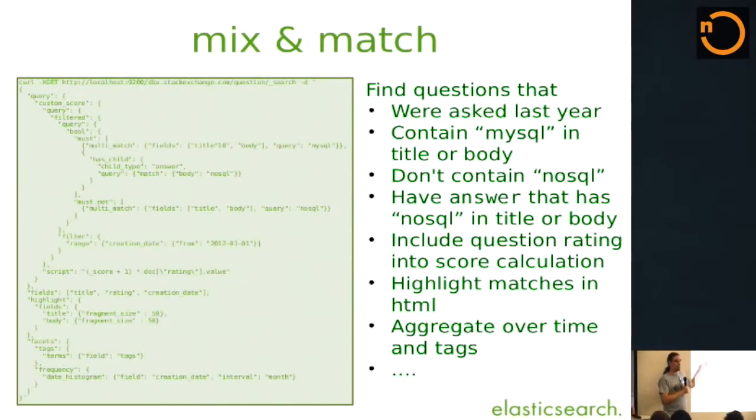And then we do another cool trick. We actually take the rating that's part of the Stack Overflow data, which is user contributed. It's generally more reliable than something you would come up with by algorithm on how good the question or answer is, and we will take it into account when combining the score. We will not sort by it.